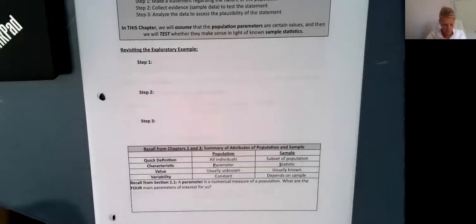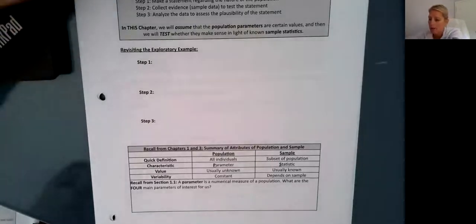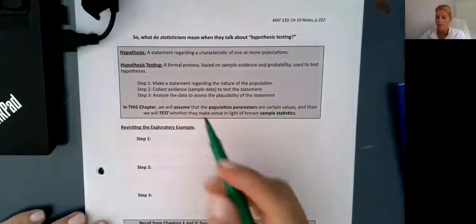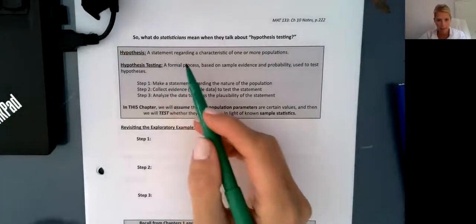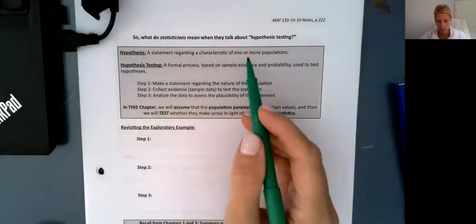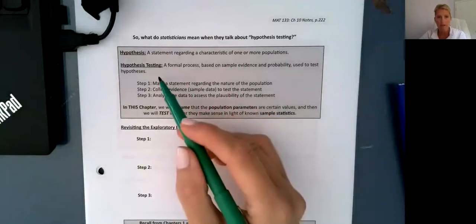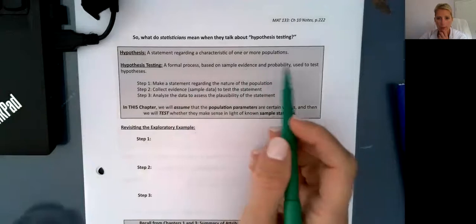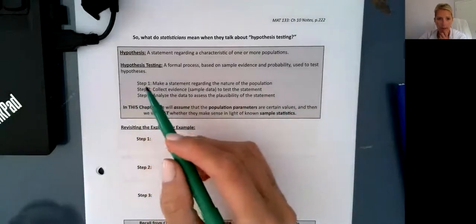So let's turn to page 222 here. 222 talks about our first step in hypothesis testing. So first we have to have a hypothesis, a statement regarding a characteristic of one or more populations. And hypothesis testing is a formal process based on sample evidence and probability used to test hypotheses.